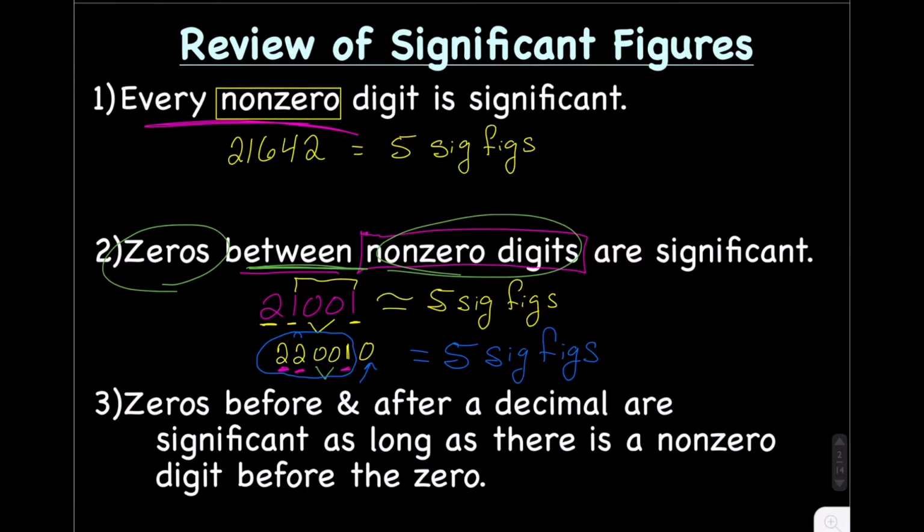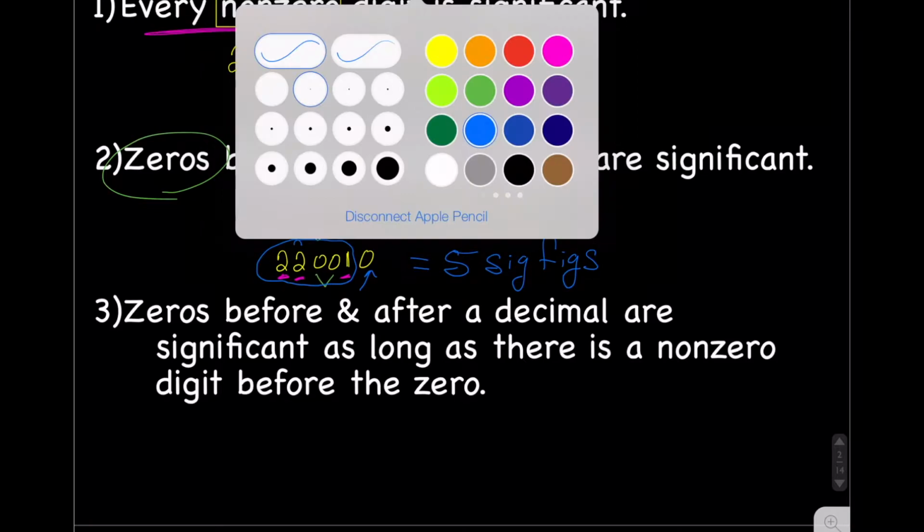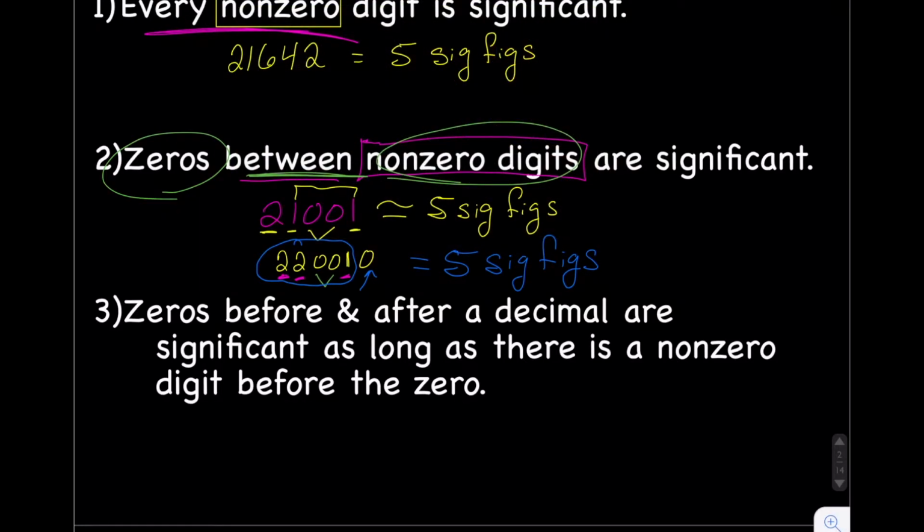Then the last rule: zeros before and after a decimal are significant as long as there is a non-zero digit before the 0. And it doesn't need to be immediately before the 0.